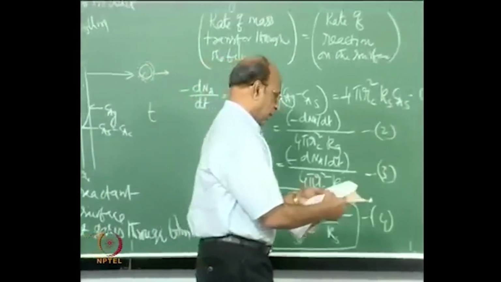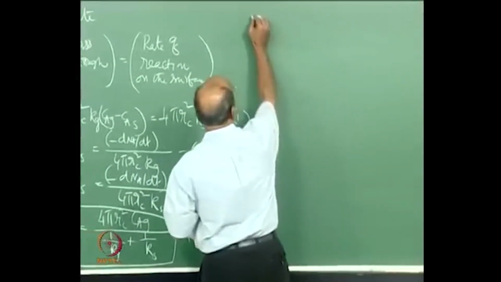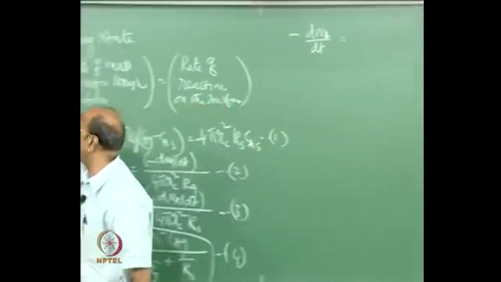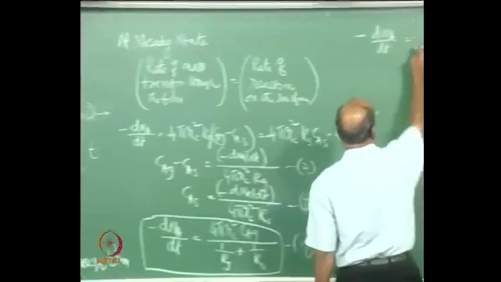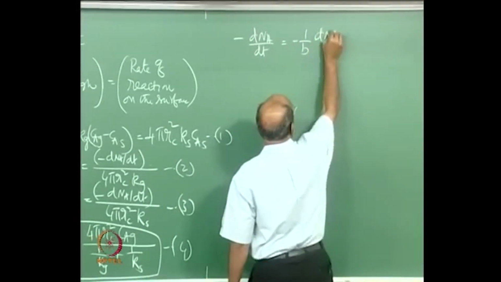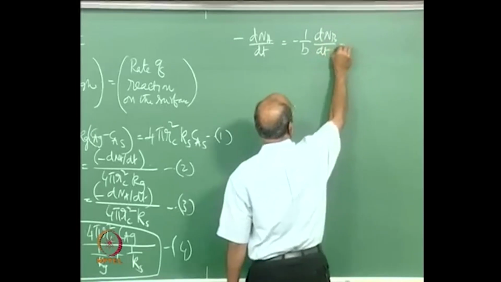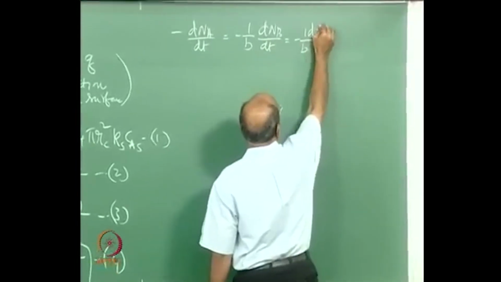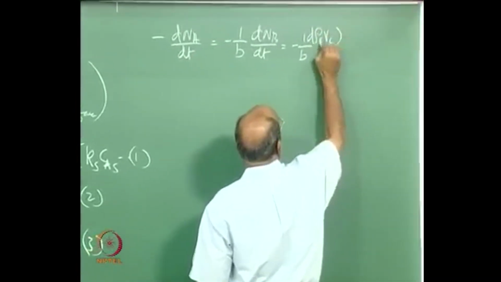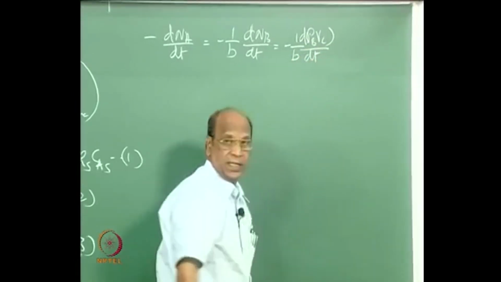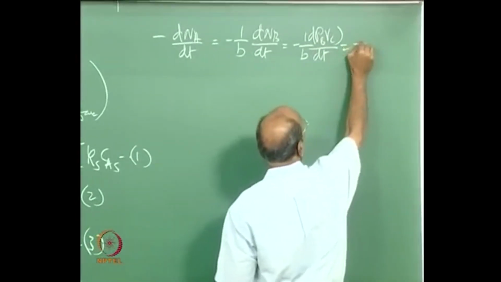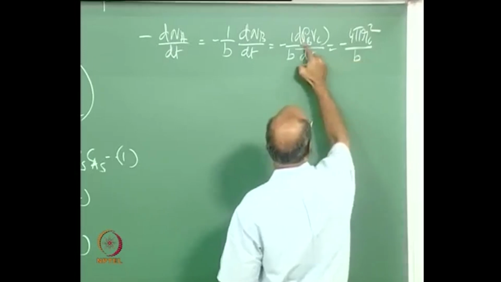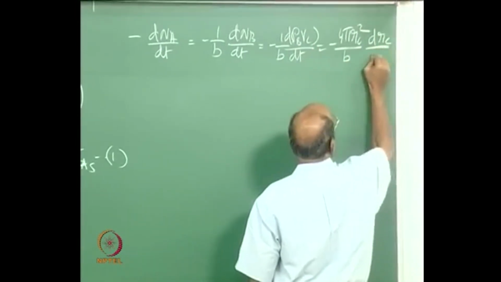For that we already have that equation: minus dNA by dt, from this stoichiometric equation, equal to minus 1 by b dNB by dt, which is nothing but minus 1 by b d of rho b Vc by dt, which is again nothing but minus 4 pi Rc square rho b by b dRc by dt.